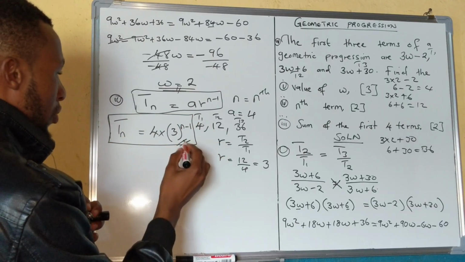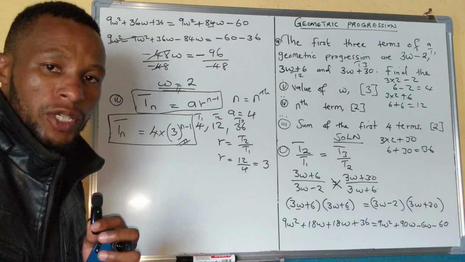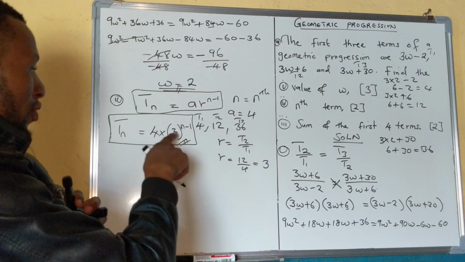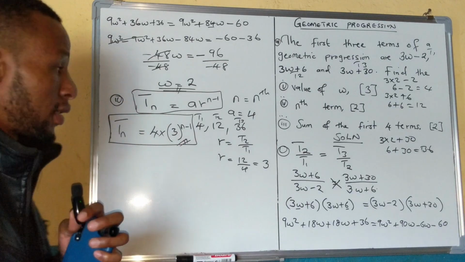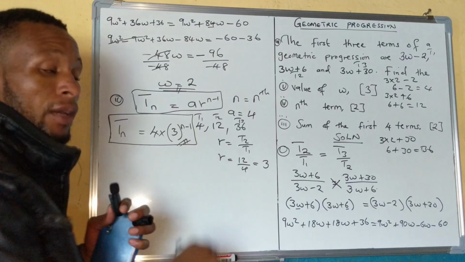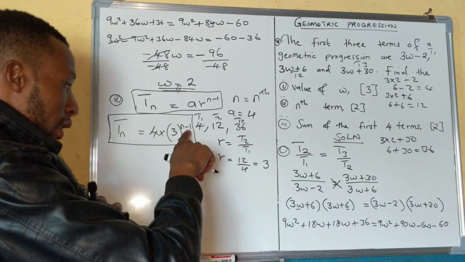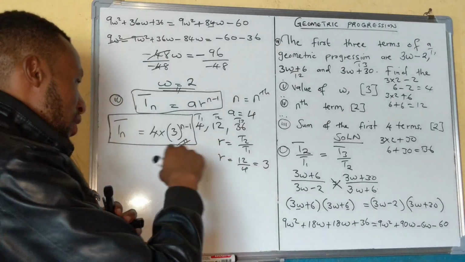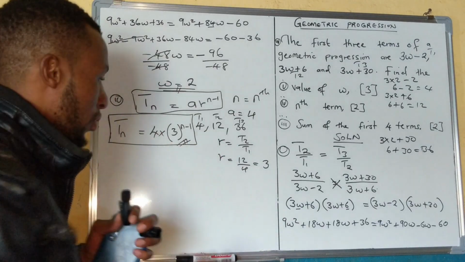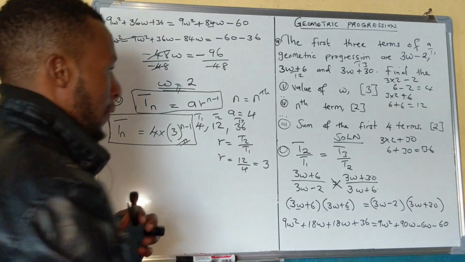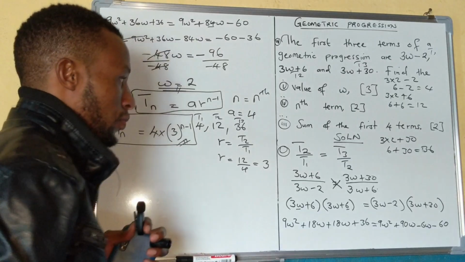Don't start panicking to go anywhere, because we're just finding an expression. And don't multiply the 4 with the 3. That is wrong, because you still have a power there. Remember BODMAS? The order comes first before multiplication. So in this case, this is the final answer for question number 2.